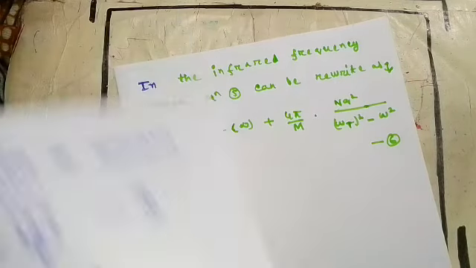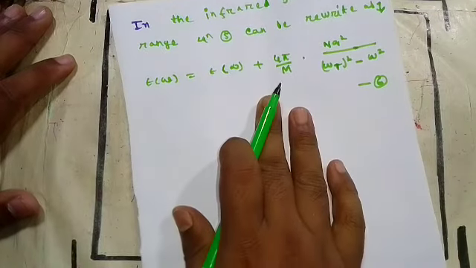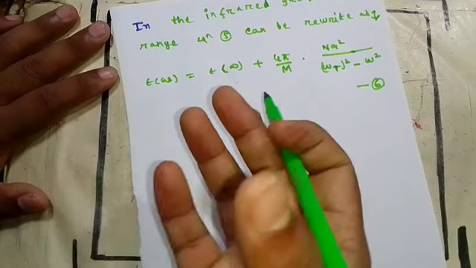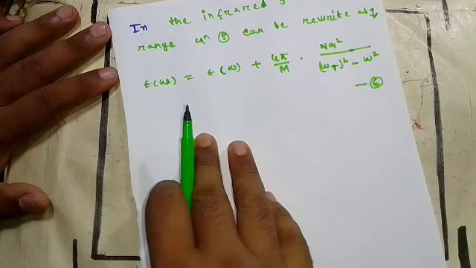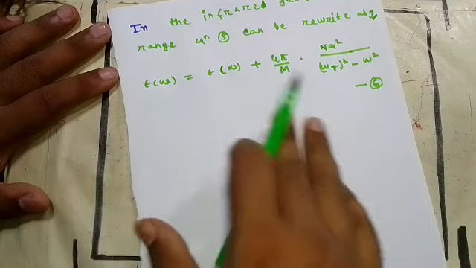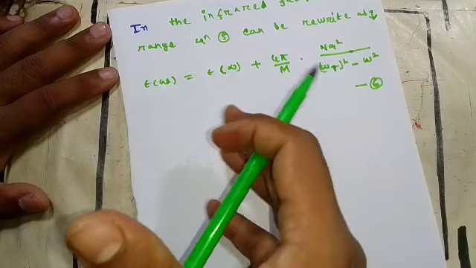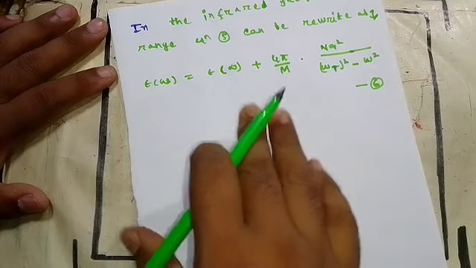Now I am finding the static dielectric function. How do I find the static dielectric function? I just substitute omega is equal to 0, then this expression is called the static dielectric function.